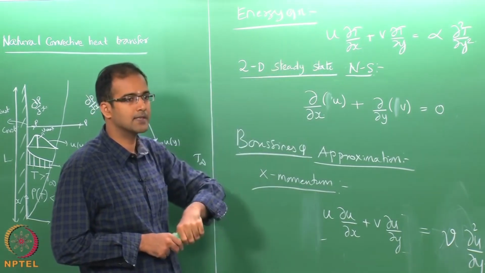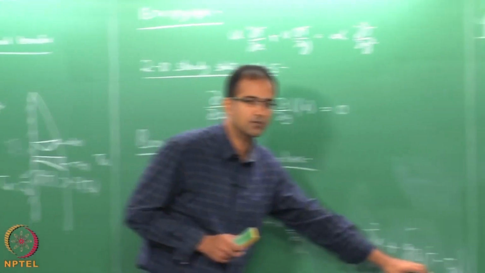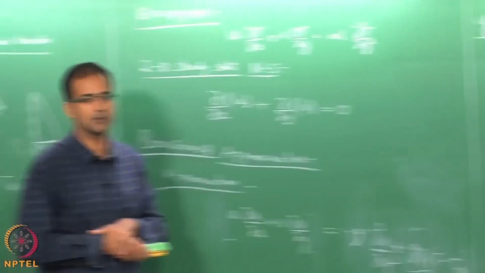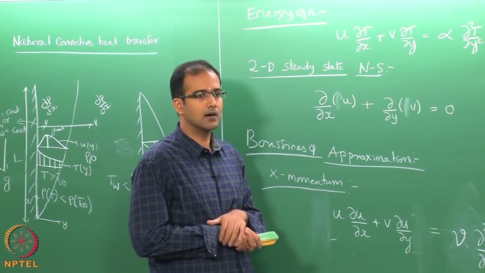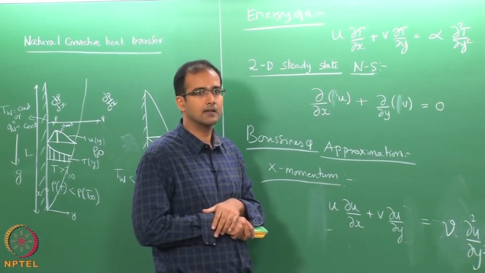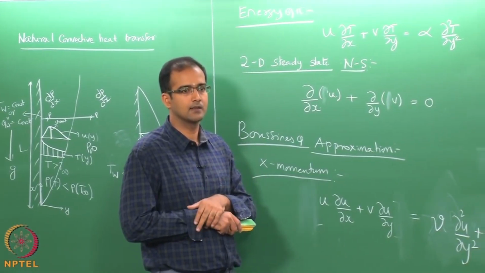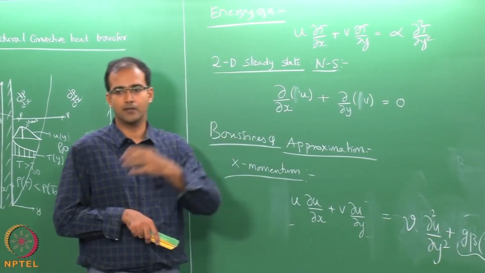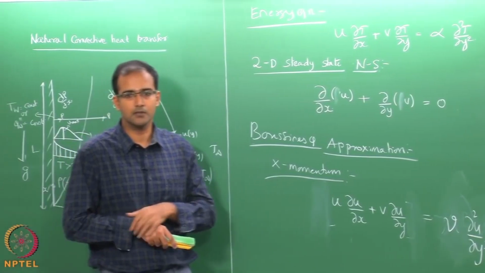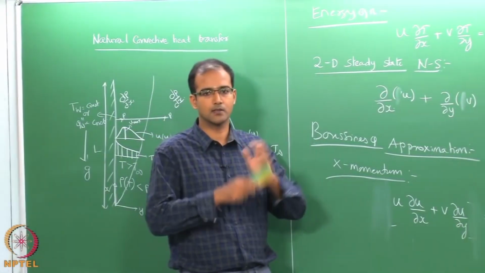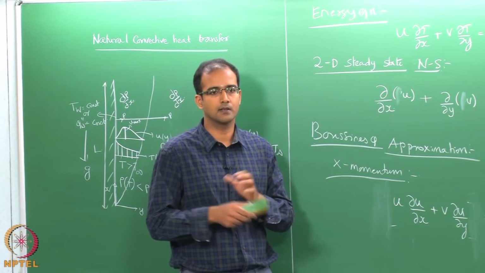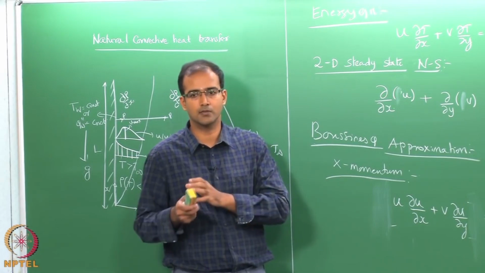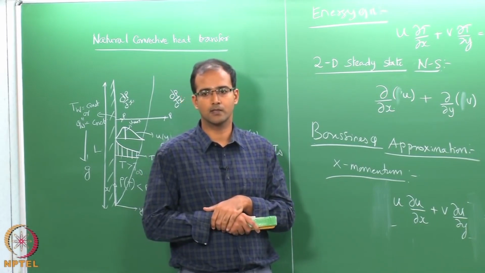Now, the major difference is the inclusion of the buoyancy term into the momentum equation. So, now you can see that unlike the other case where you solve the momentum equation first and get the velocity profile, this is how Blasius did. First Blasius solved the hydrodynamic part, he got the velocity profile, then Pohlhausen used that and solved the energy equation.